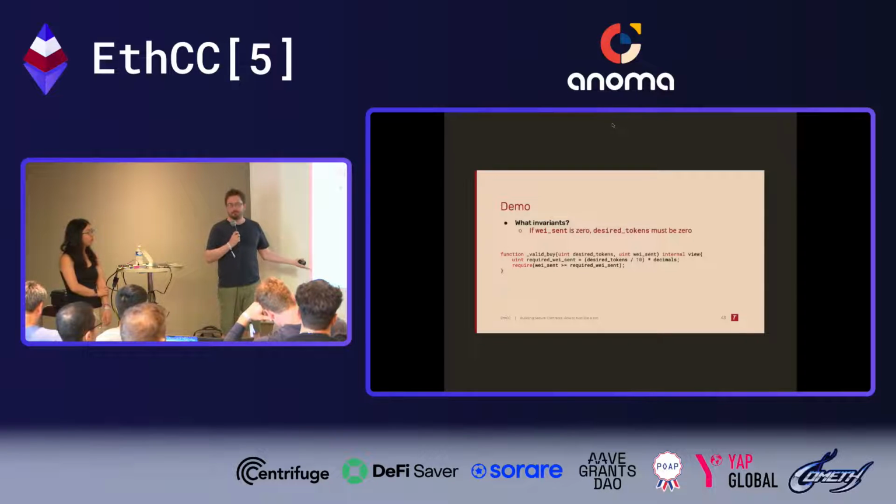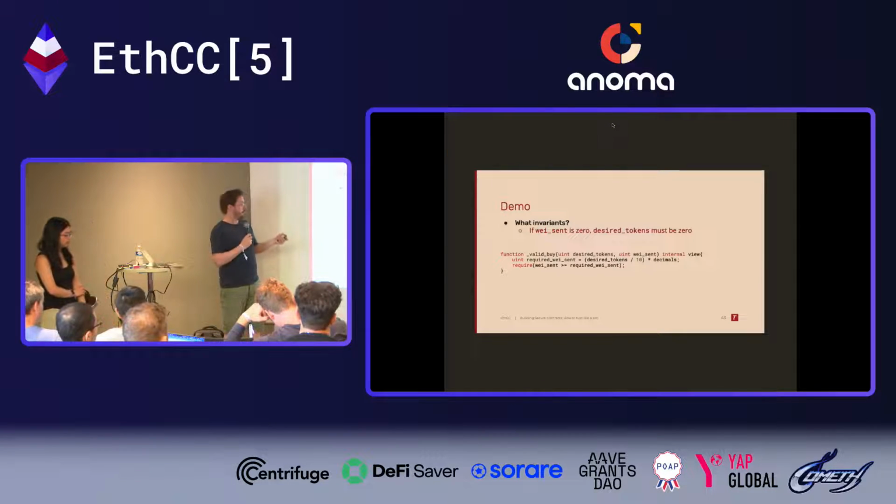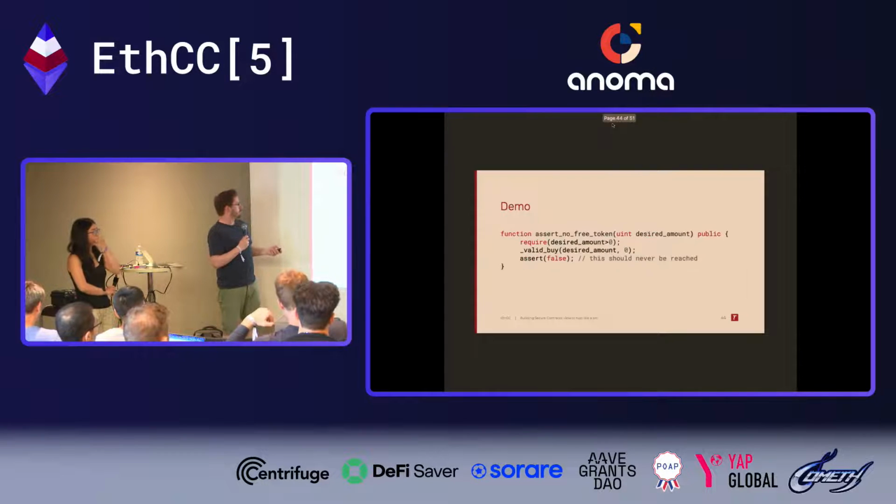Otherwise, you get tokens for free, basically. Something interesting here is that this is an invariant you can write without even understanding the arithmetic. Here the arithmetic is simple, but you could have a really complex formula, things related to Uniswap or complex arithmetic. You don't even need to understand it. Just by thinking about how this function should behave, you can write invariants.